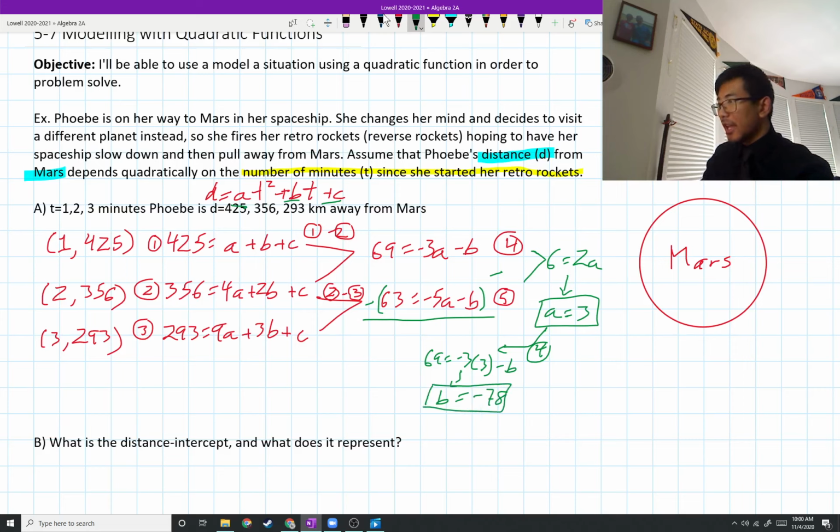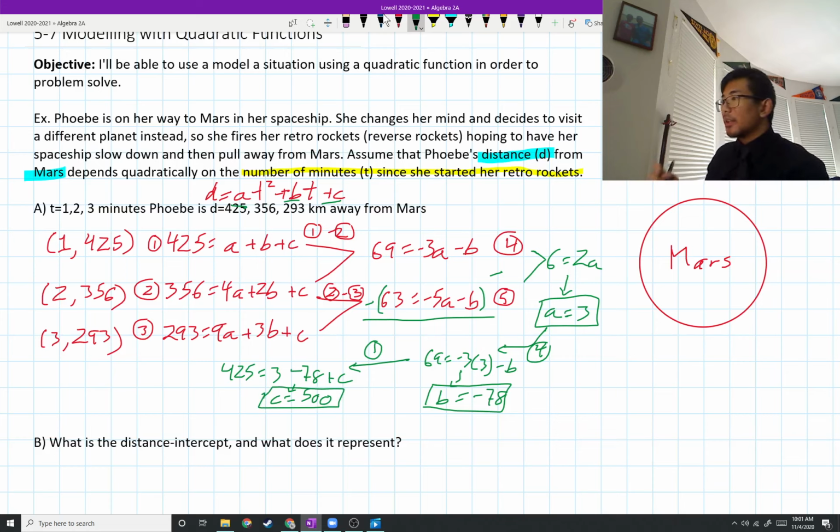Last part here, take a and b and throw them into one of the original 3 equations to get c. And we'll do equation number 1, because again, there's no coefficients here, so it just makes the plugging in easier. 425 is equal to 3 minus 78 plus c. That'll leave you with c is equal to, oops, sorry about that. That should leave you with c is equal to 500 here.